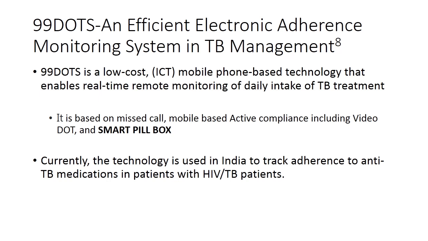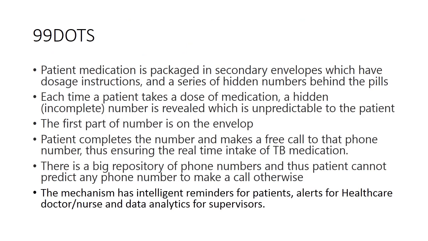Now, currently this is being found to be useful in patients suffering from mixed infection, HIV and TB. Patient medication is packed in this 99 DOTS in secondary envelopes which have dosage instructions and a series of hidden numbers behind the pill. Each time a patient takes a dose of medication, a hidden number is revealed which is unpredictable to the patient.